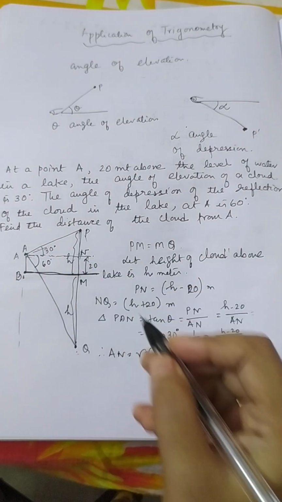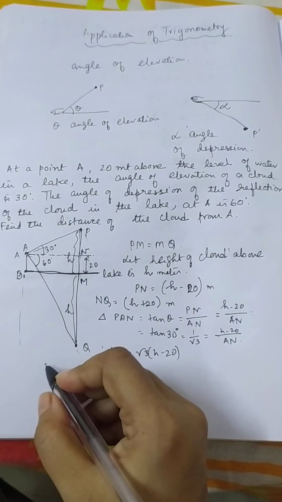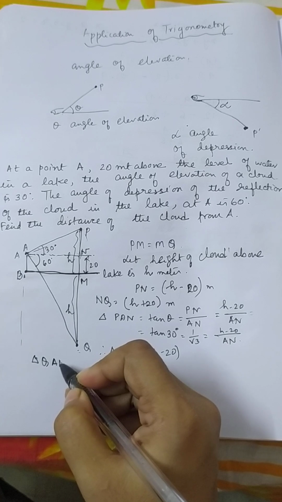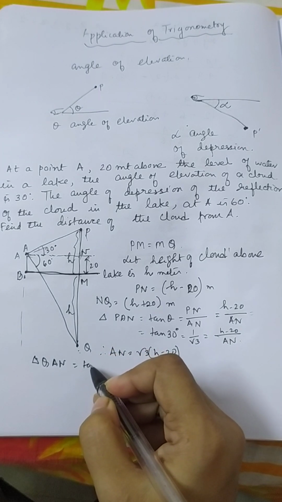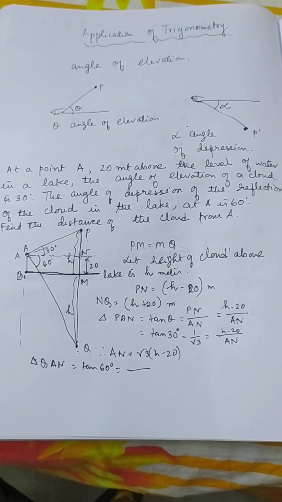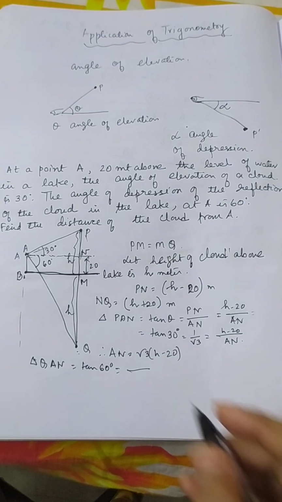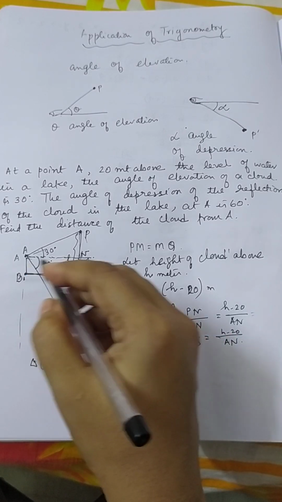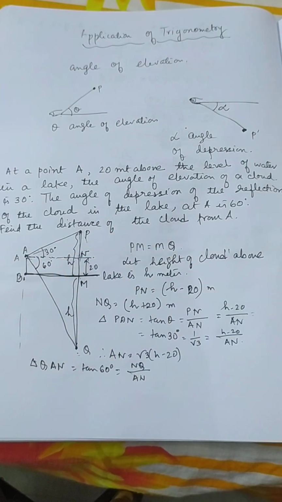Similarly, from triangle QAN, tan 60 degrees is also NQ by AN. In this inverted right angle triangle, NQ is the height and AN is the base.